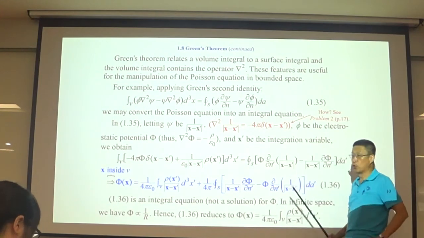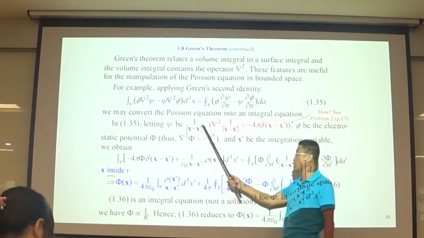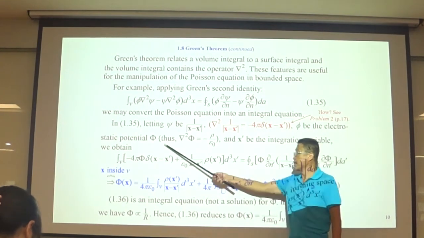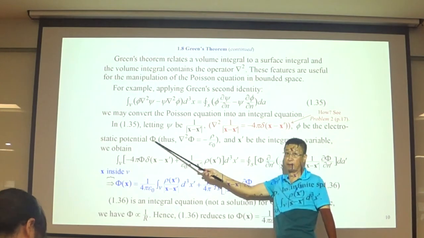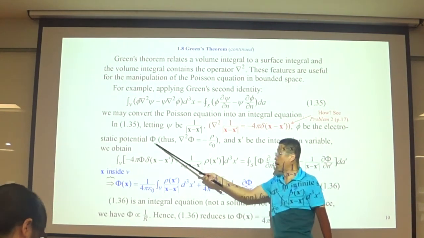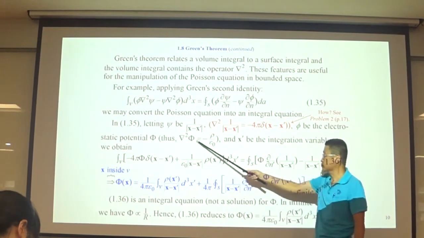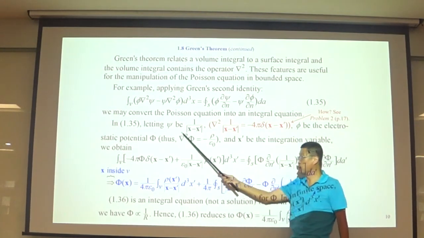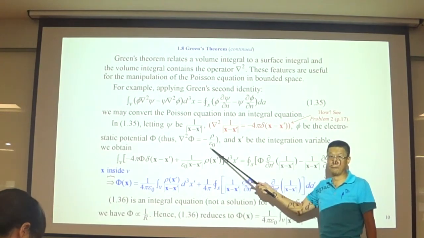Okay, right now we can substitute any scalar function. Okay, let's substitute this one. And let's substitute phi to be the potential, capital phi. So we got this one. This is Poisson's equation.